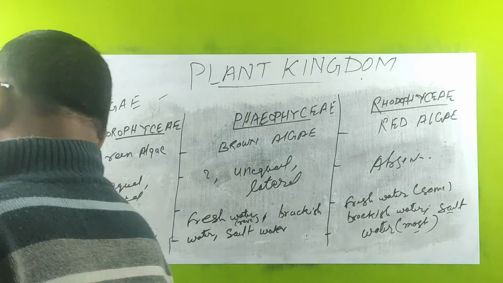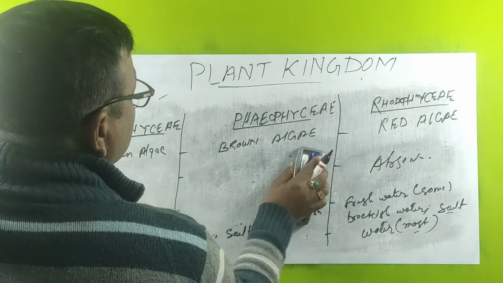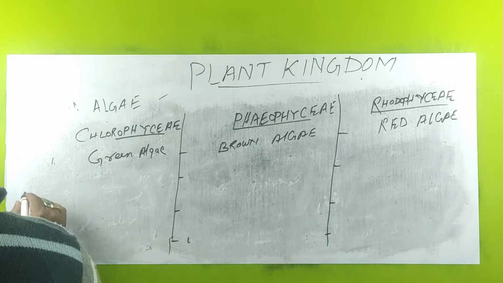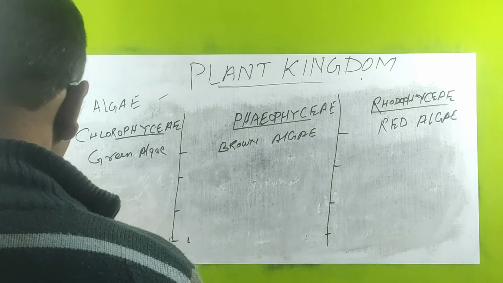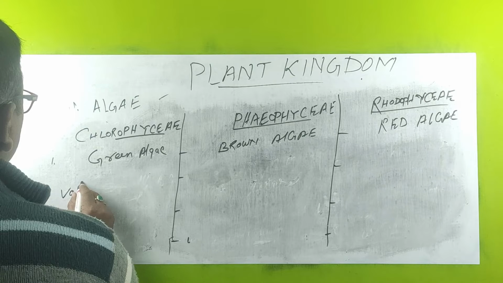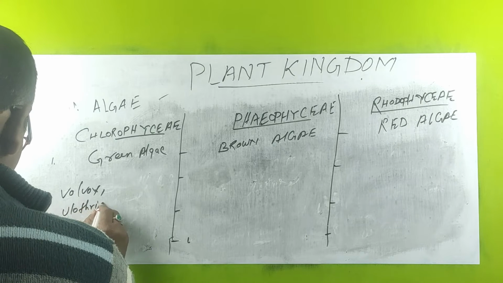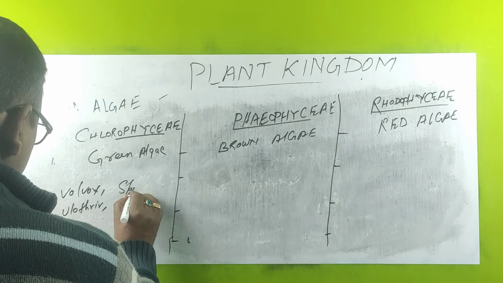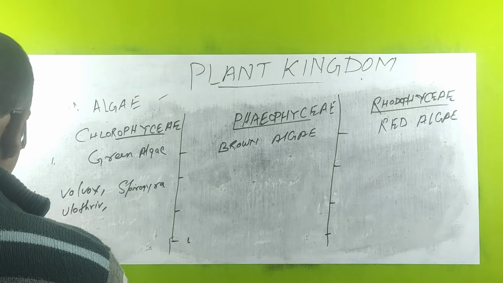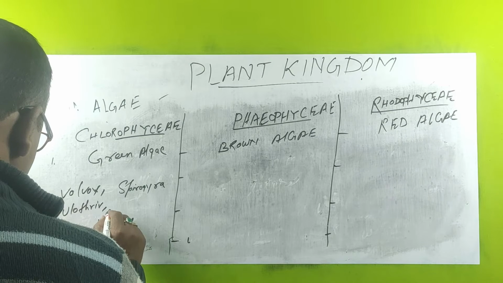And their examples: all the three have different examples. In green algae you can find Volvox, Ulothrix, Spirogyra, Chlamydomonas, Chara.